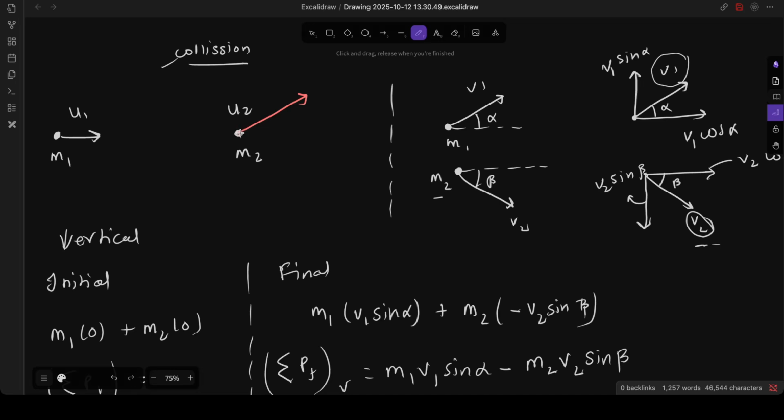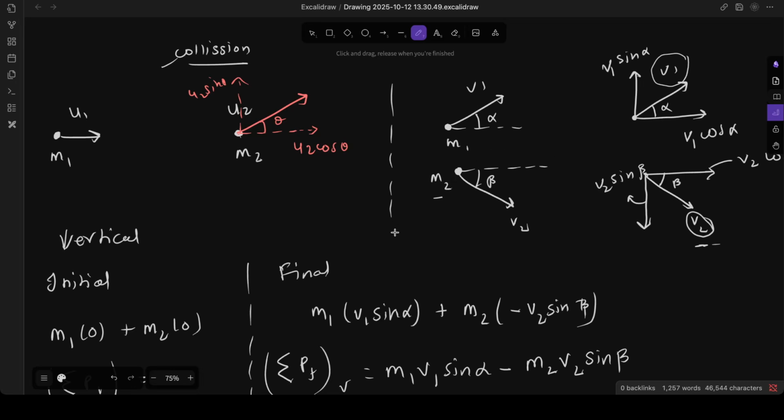In this case they will give you the angle theta, and then you can figure out that this will be u2 cos theta and this will be u2 sin theta. When you talk about vertical, there will be a vertical component u2 sin theta. When you talk about horizontal, m1 u1 plus m2 u2 cos theta will be your horizontal. Then you will have a similar thing for the final scenario after the collision, after the explosion, and you have to resolve it in the same way.